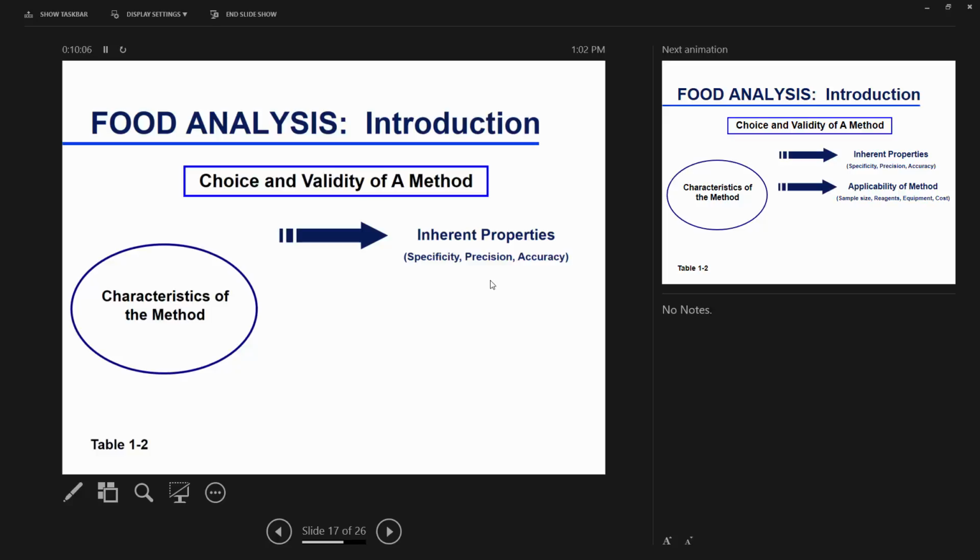So let's say I'm looking for a glucose content of a certain food product. I don't go do a method that tells me the total carbohydrate, which was one of the methods that you'll be doing in the lab. So do we want to determine total carbohydrate in our product? Do we want to determine glucose? Do we want to determine reducing sugars, not reducing sugars? What are we determining? This is just one example.